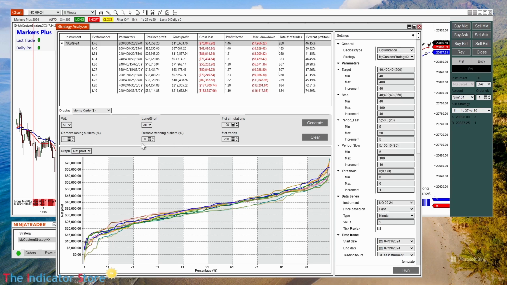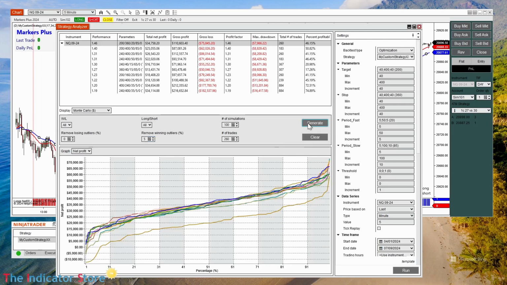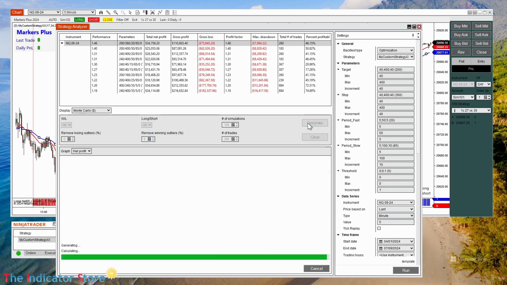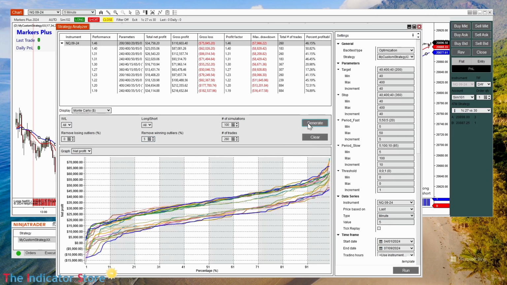To these 260 trades, we can remove winners, only winners. So if I remove 5% of the winners and execute all the trades again, now we can see that the lines are below. A very good, a very robust system is almost imperceptible, the distance between one line and the other.